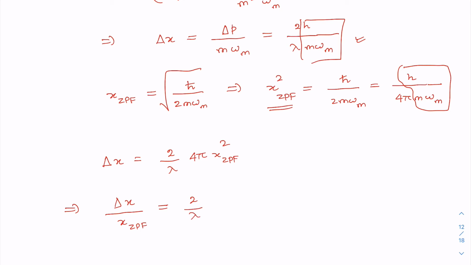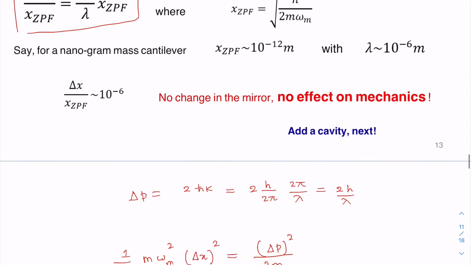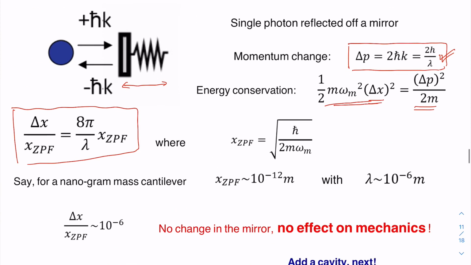In fact, it is better I write it as 8 pi by lambda times x zero-point fluctuation. So this is the formula we get when we have this setup.